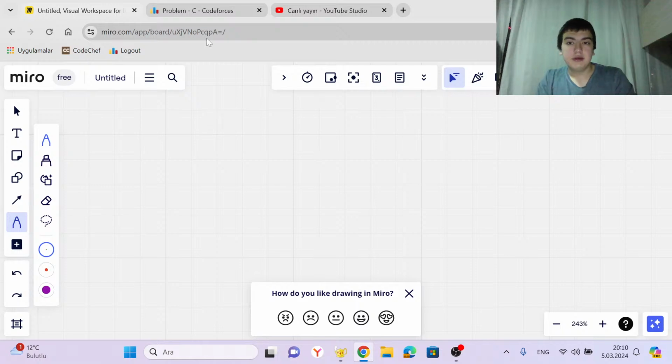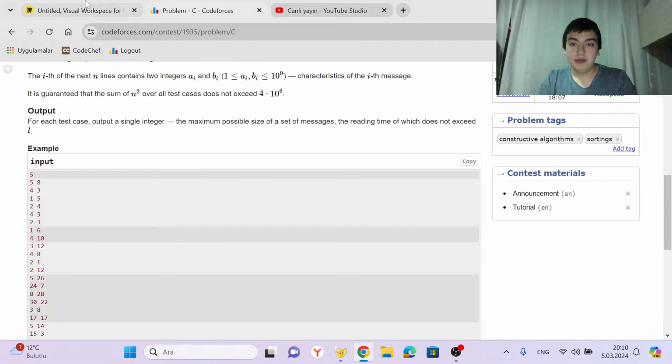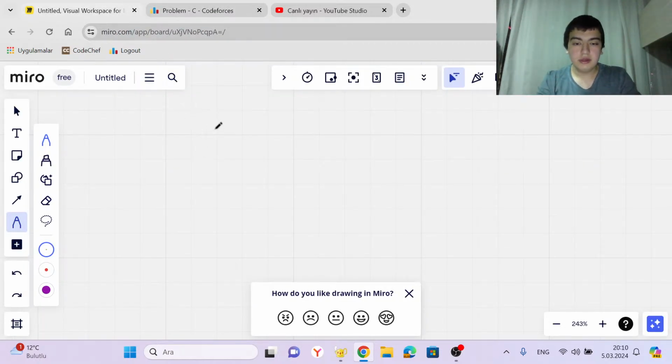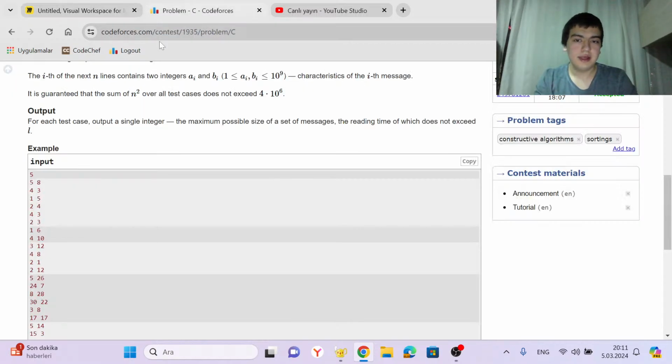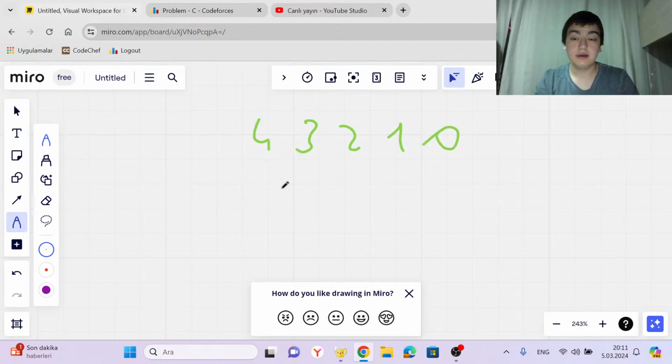If in some question you are looking for how many messages you can read, and if you can read 4 messages, you can also read 3 messages, 2 messages, 1 message, and also 0 messages, you can use the binary search on answer technique.